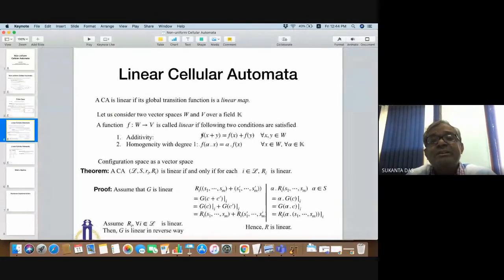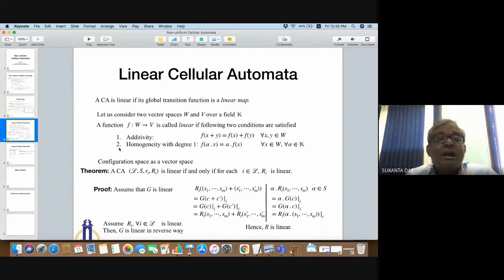This is the additivity. If only this condition is followed, the function f is called an additive function.